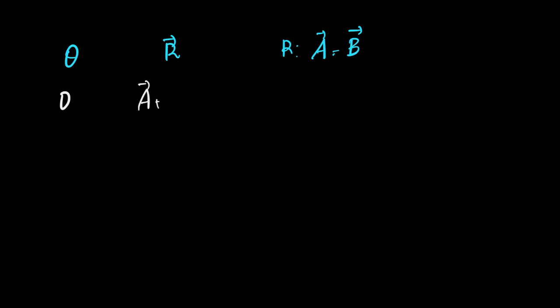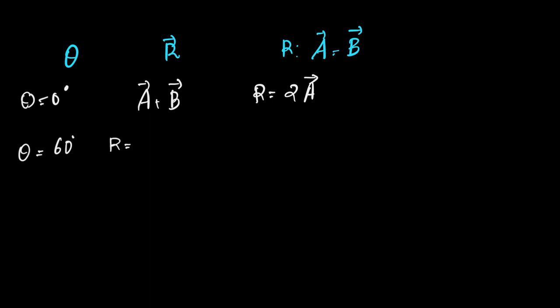R is equal to the algebraic sum of a plus b, and here this becomes 2 times vector a. So r is equal to 2 times a.